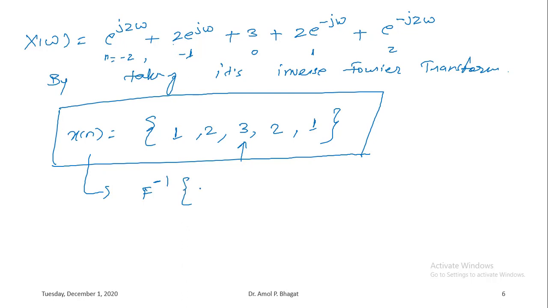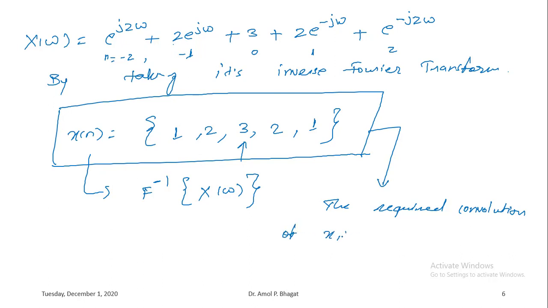Okay, correct. So this is the required convolution of the given discrete time signals x1 of n and x2 of n, right?